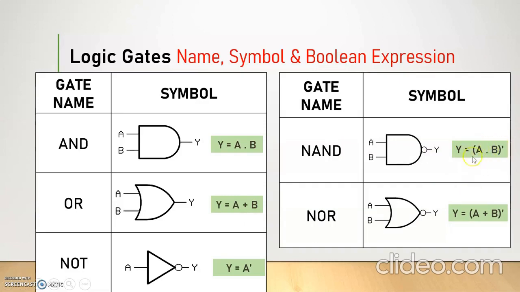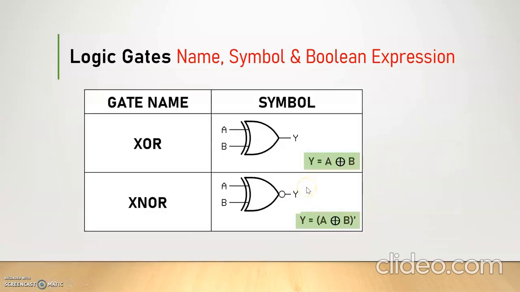So it has to be in brackets here. The same goes for OR. We are going to write A plus B, or A or B, bracket them, and apply the not to it. So that's the meaning of this small circle here. It negates the output from this gate.